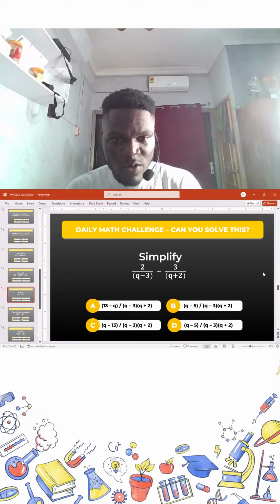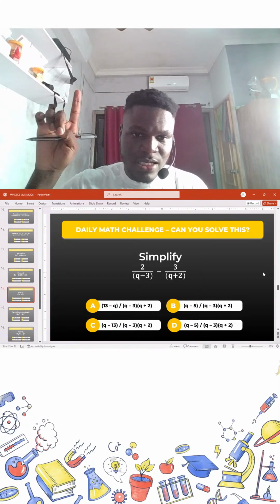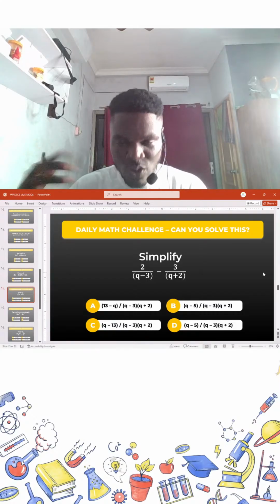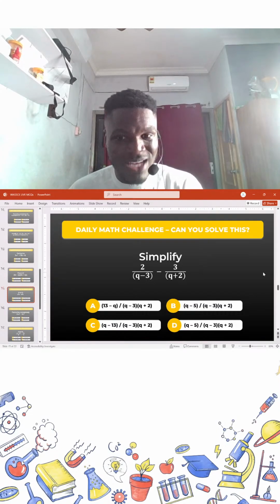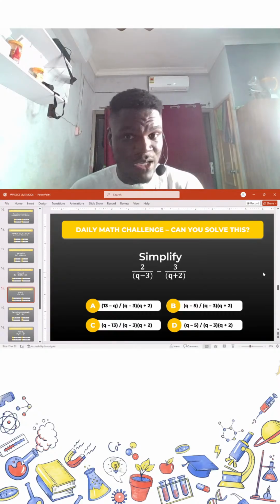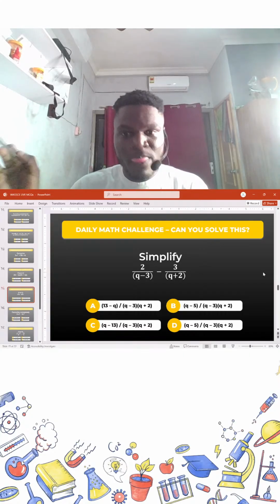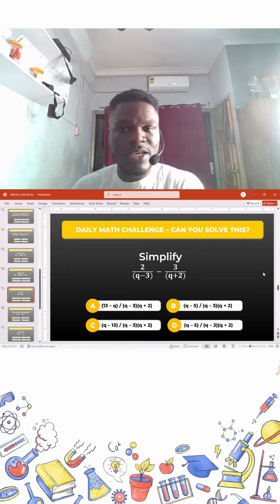Option C, q minus 13 at the top, all over q minus 3, q plus 2 at the bottom. And at this point, you know that q minus 3 times q plus 2 is the denominator, the LCM. And then option D is q minus 5, all over q minus 3, q plus 2.